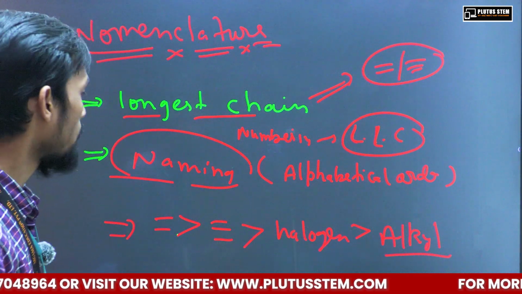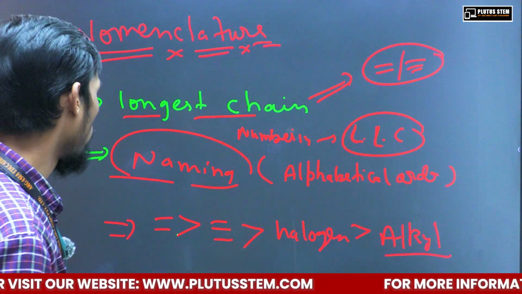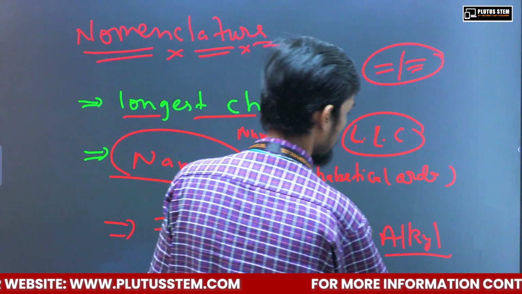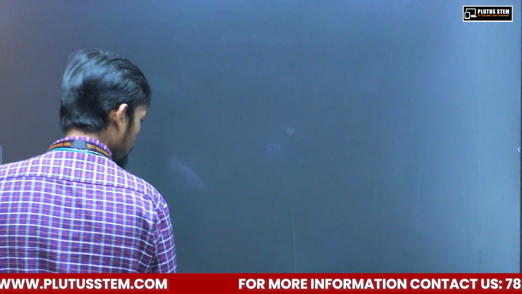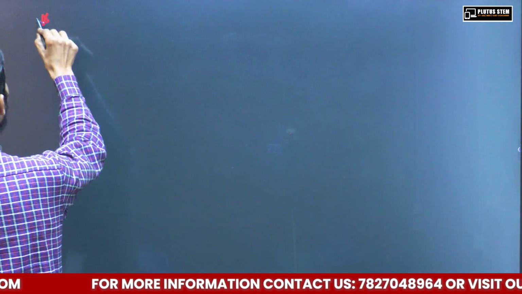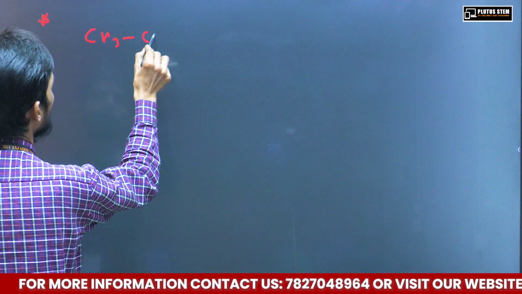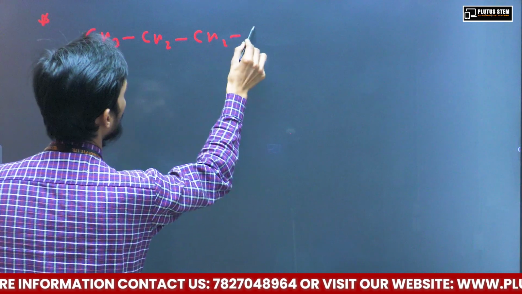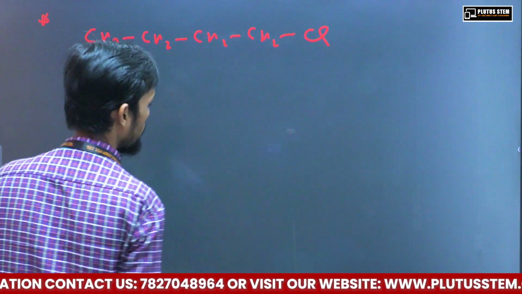So this is the way this whole thing is going to take place. This is the basic way of nomenclature: CH3, CH2, CH2, CH2, Cl.